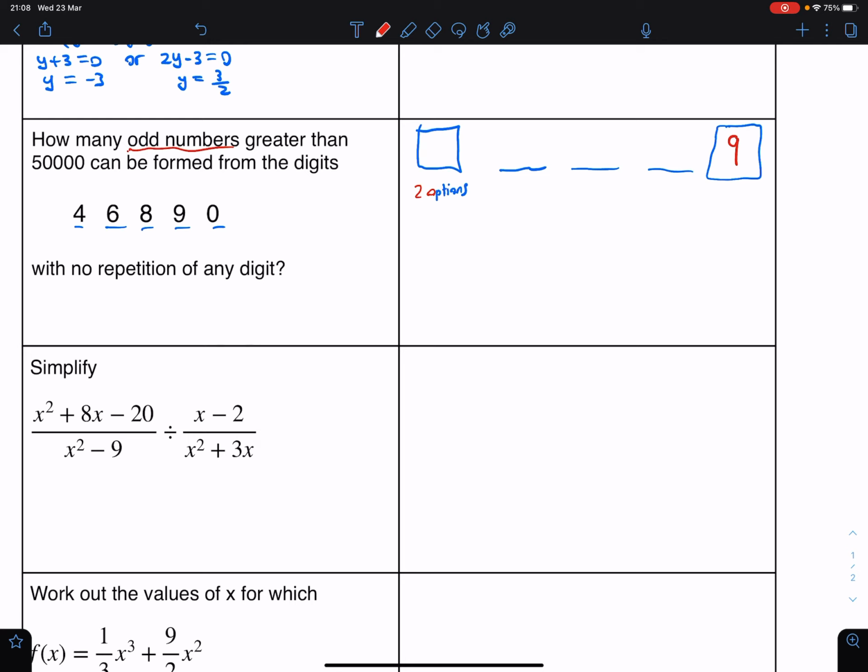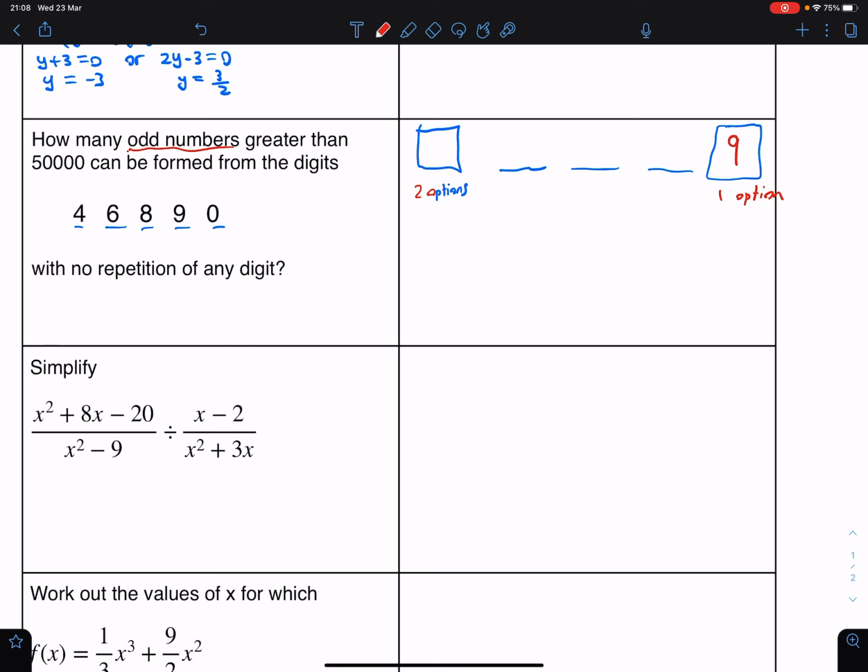And then we've got the rest of the 3 digits that can go here. So I've got two options for what can go in the first option, and of course, one option down here. I'm going to put one option.